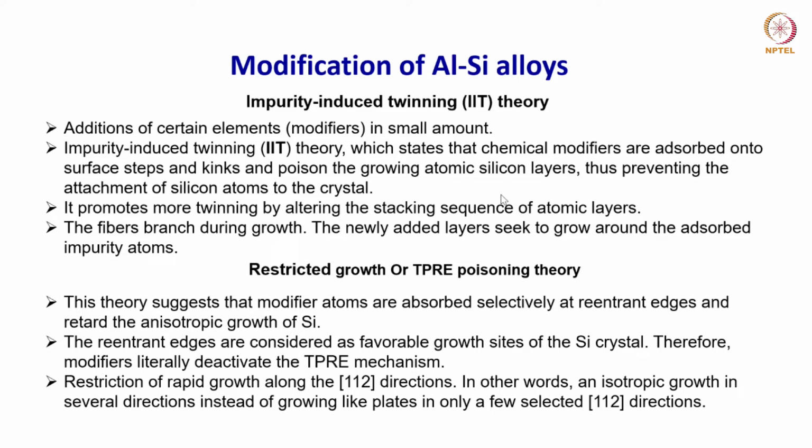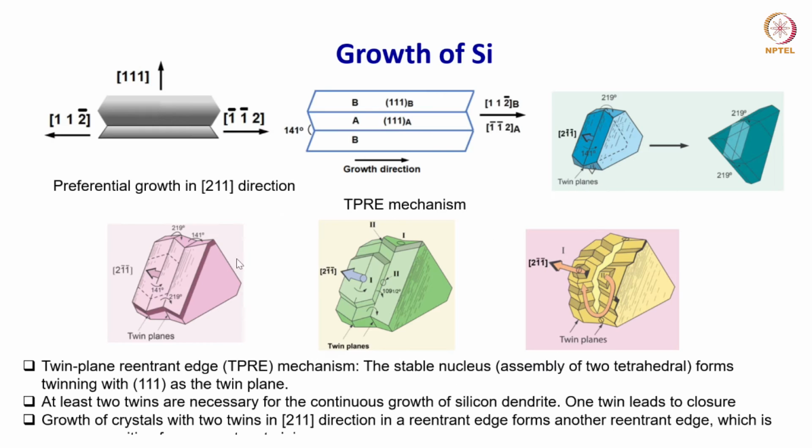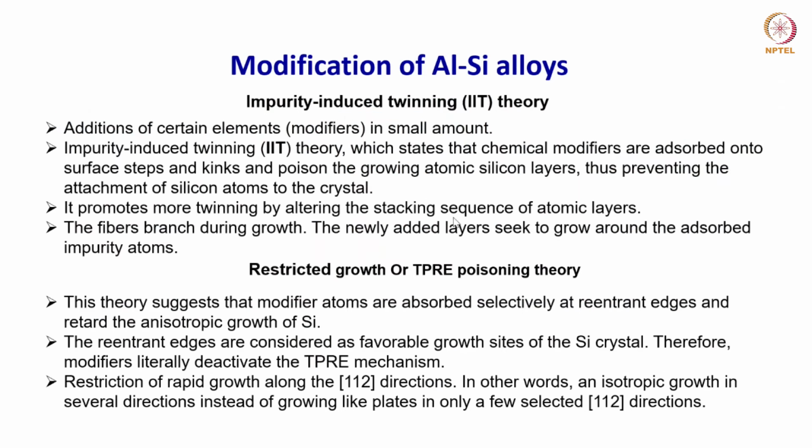Okay, so the layers which are growing in a particular direction will not be able to grow when this kind of modifier atoms are there on the surfaces present in different locations at certain defects like this, and thus it will prevent the attachment of the silicon atoms to the crystal in the preferential sites. Okay, so that is how the preferential growth of the silicon can be prevented when you add this kind of impurities.